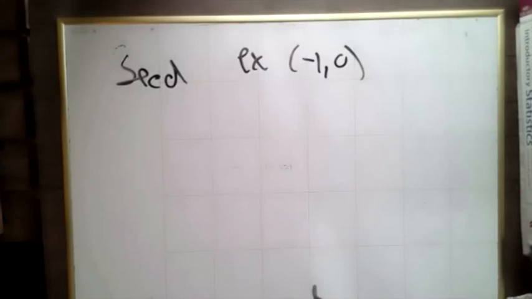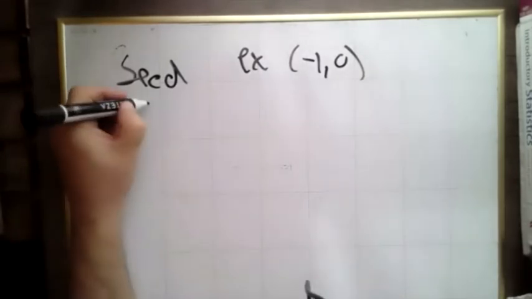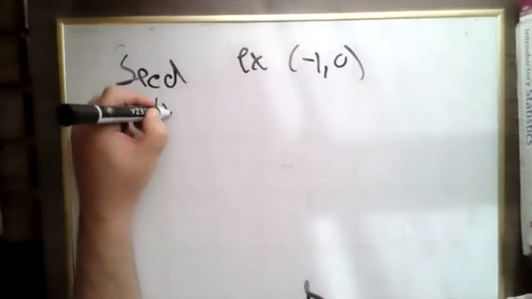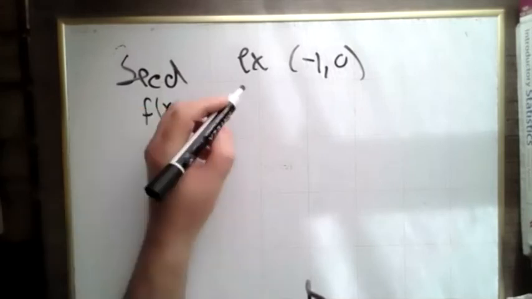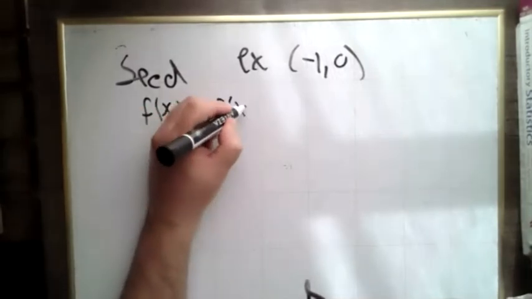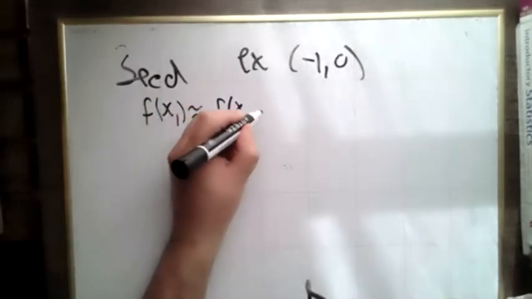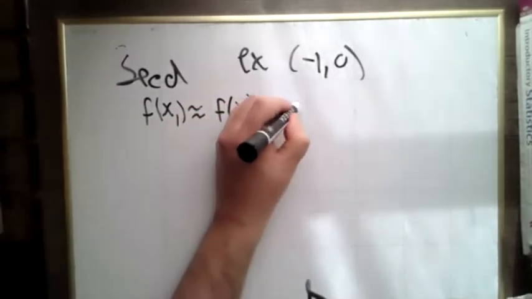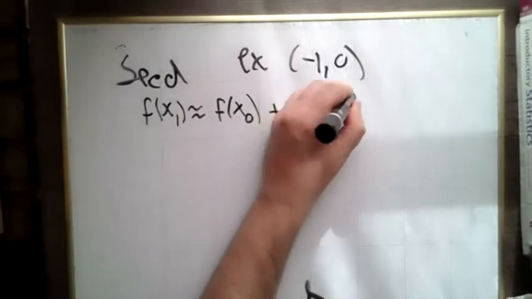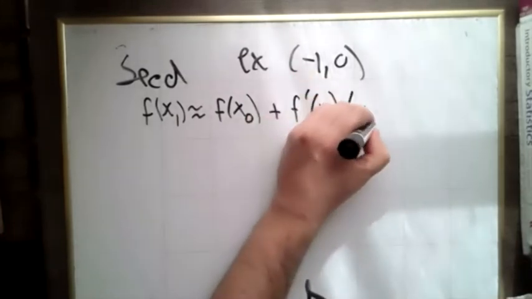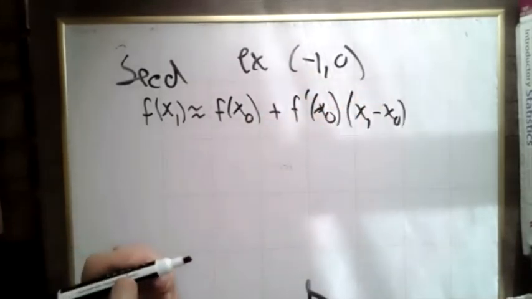Then I'm going to approximate another point on the graph by saying the next point, f at x1, should be approximately my initial y value, plus the derivative at that initial y value times my change in x.